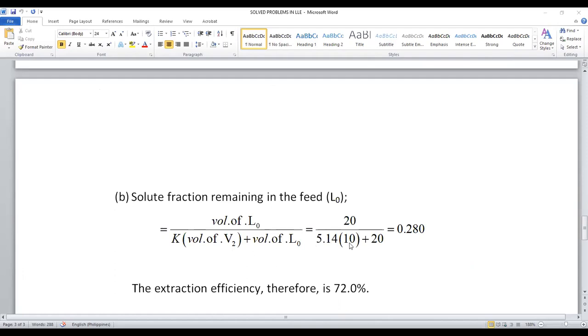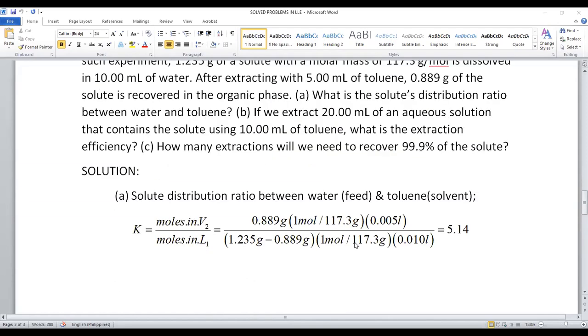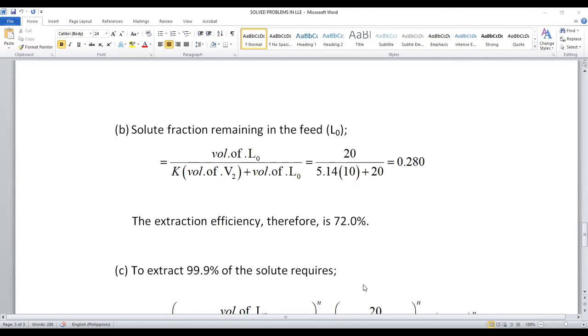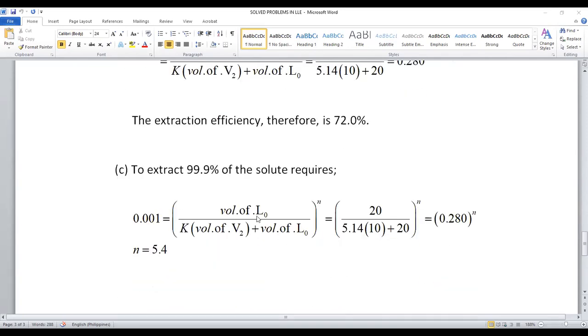This is the 10 ml of your what is asked here, toluene, and 20 ml of your feed. And this is your solute remaining. The extracted is 1 minus this. So it's 72%. To extract 99.9, so this one actually is the 1 minus E. That is why you have only here 0.001.